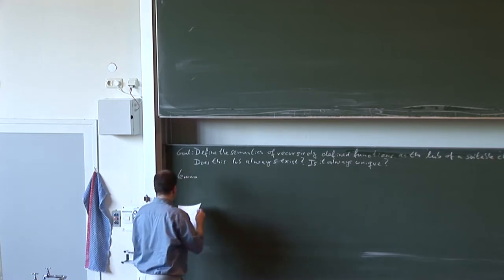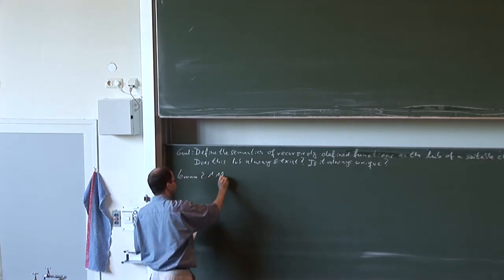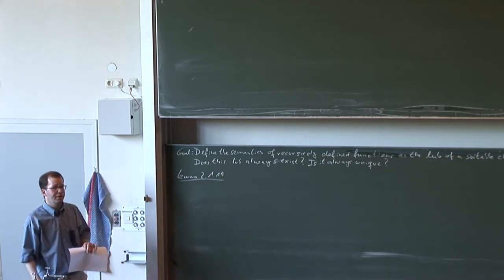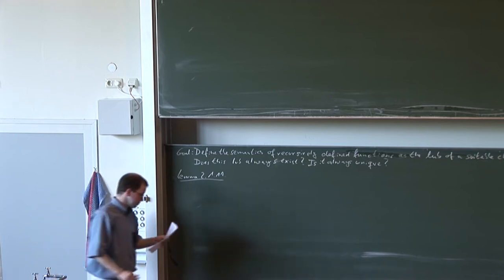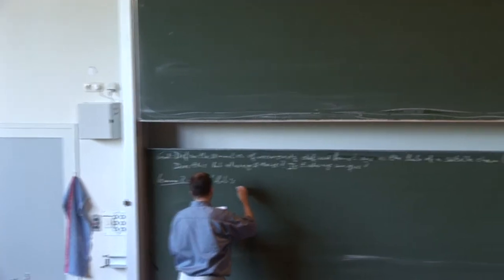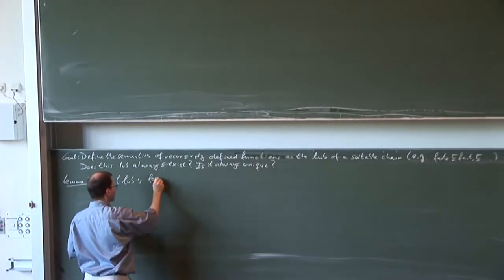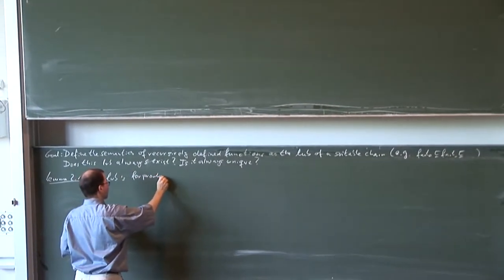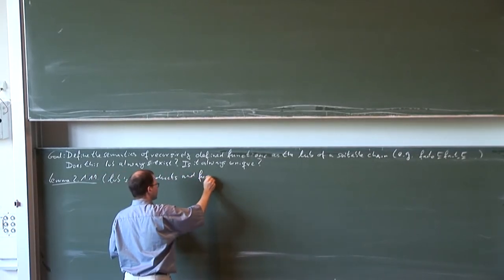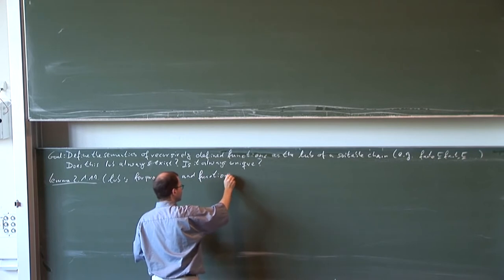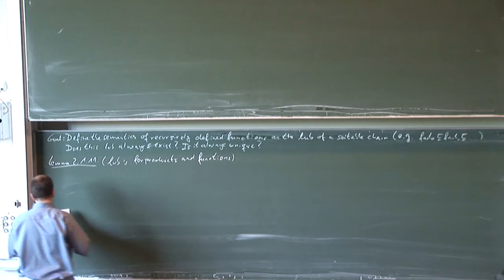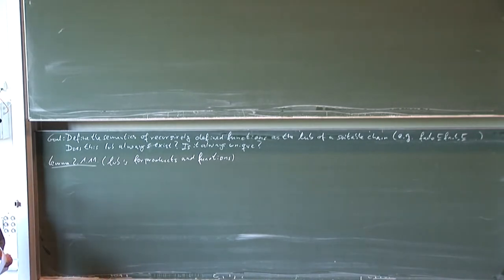So this says, if we know they exist for our base domains, then they also exist for our product domains and our function domains. So this says something about least upper bounds for products and functions. And in fact, it says also how the least upper bounds look like.